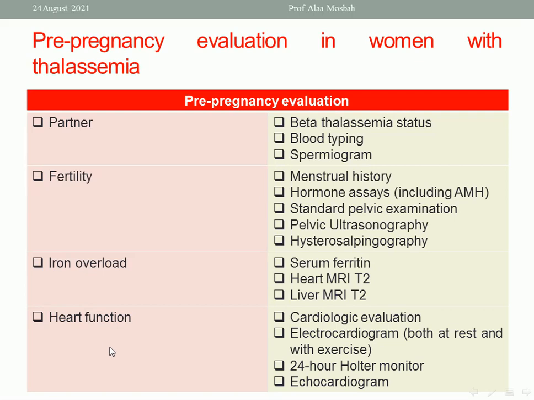For iron overload, do serum ferritin, heart MRI, and liver MRI to detect any iron deposition and hemosiderosis. For heart function, do cardiologic evaluation, ECG, 24-hour Holter monitor, and echocardiogram.